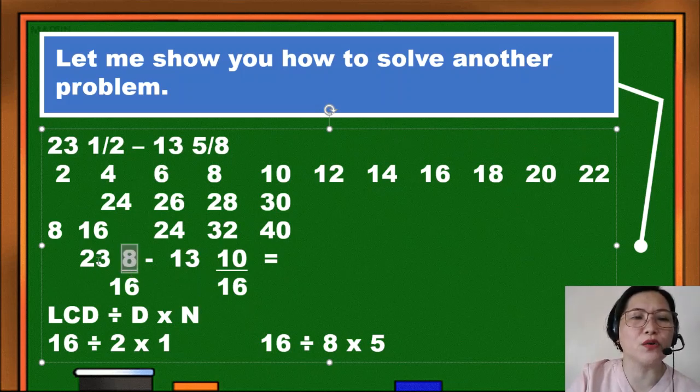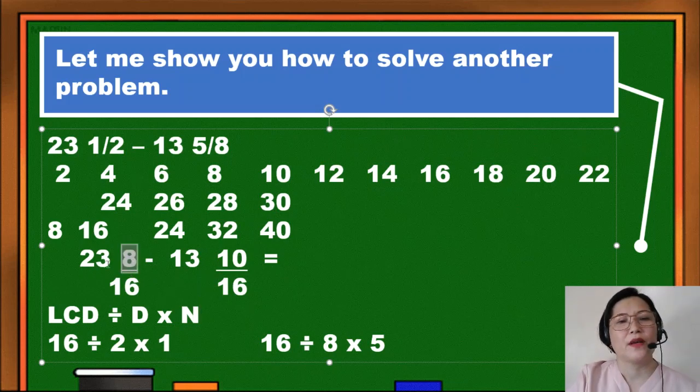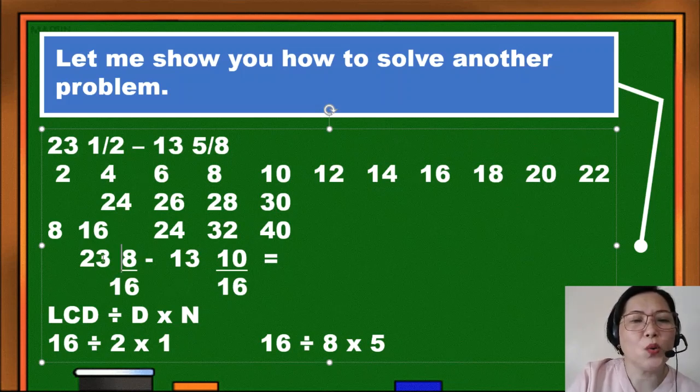8 will borrow from 23. And the 1 whole that you are going to borrow from 23 will be added to 8. And since the denominator is 16, the 1 whole that you borrow from the whole number will have a numerator and denominator of 16 as well, because you have to add a similar fraction to this fraction. That's the reason.